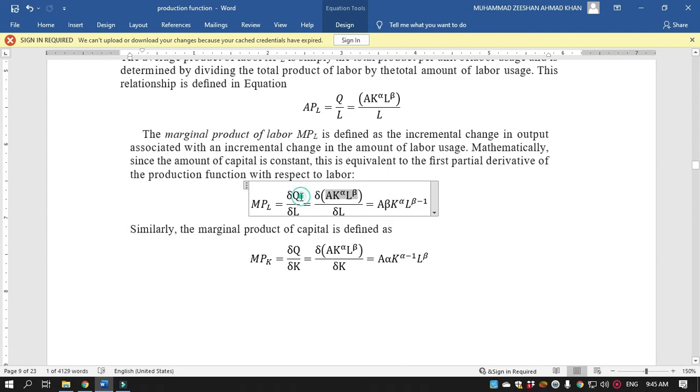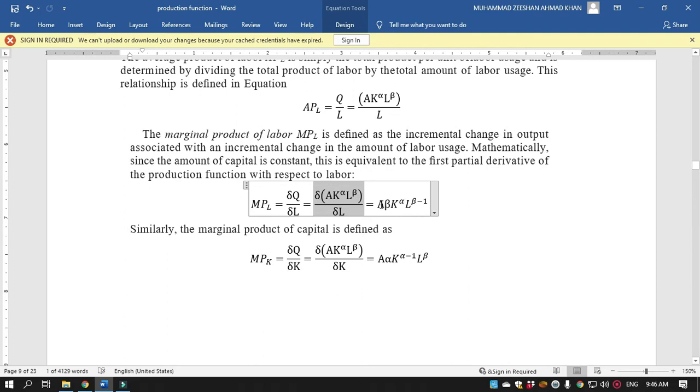So if this production function is dealt with by taking the partial derivative with respect to L, and applying the rule of derivatives where the power of labor, because we are calculating the marginal product of labor, so we take this power beta multiplied by A, the constant, the coefficient, and 1 is subtracted from that power.